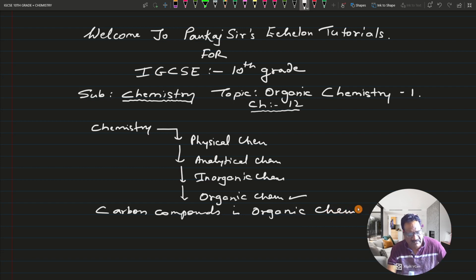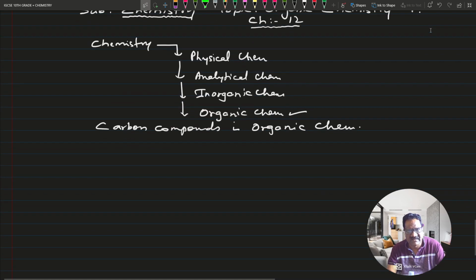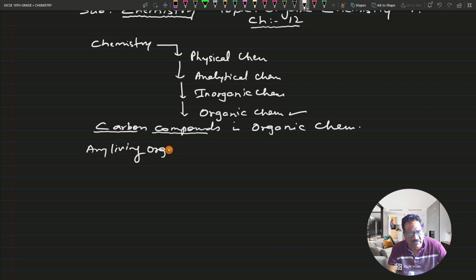Now, where does the root of organic chemistry lie, that we are going to discuss first. All these carbon compounds, carbon is basically a main component of any living organism, say plants or animals.